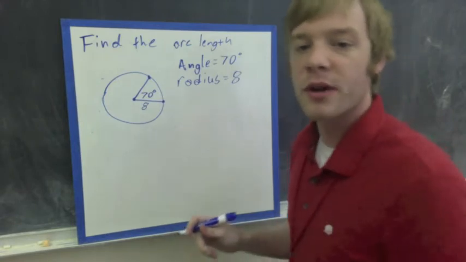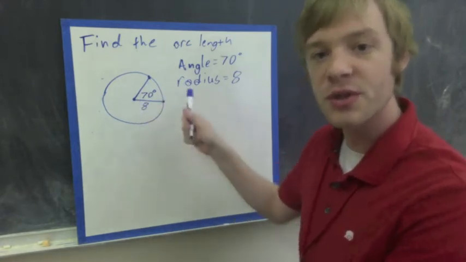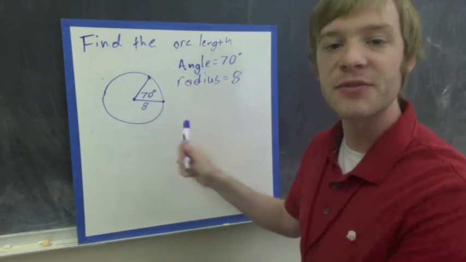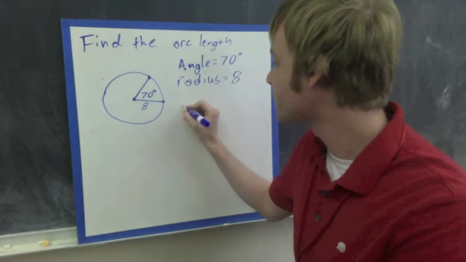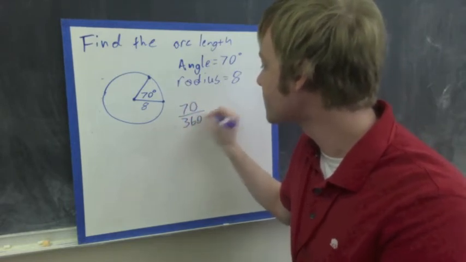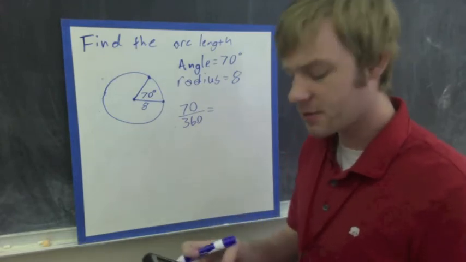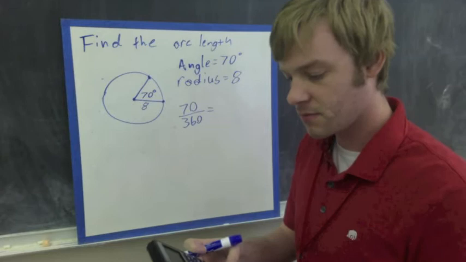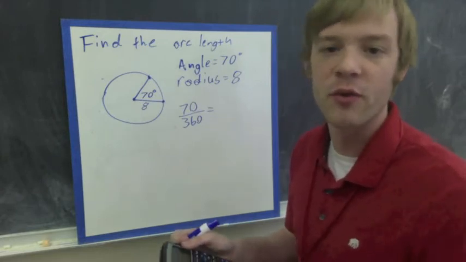So if we want to figure out the percent that our angle is of the whole circle, we need to take 70 divided by 360. And if I use my calculator to do this part right here, I should get 0.1944444.